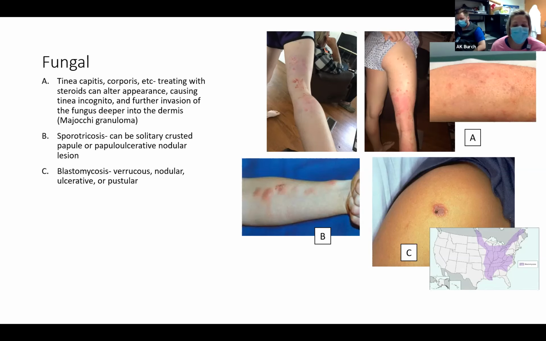And on the test, they're going to give you a pneumonia with an ulcerative skin lesion. That's how you're going to know it's blasto. They'll make it pretty easy for you to choose blasto. Maybe in the Mississippi or Ohio River Valley.